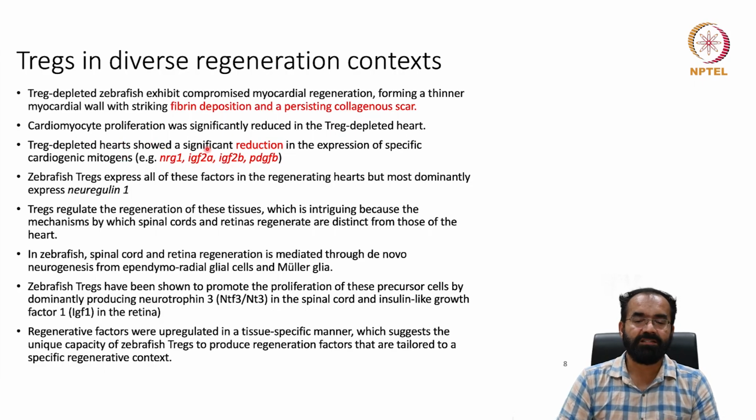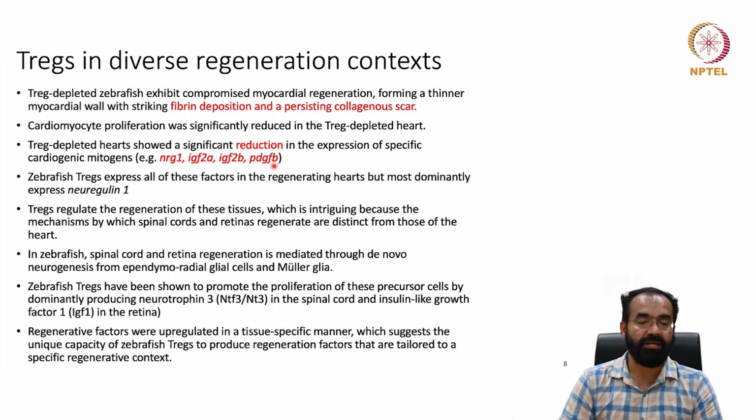Cardiomyocyte proliferation was significantly reduced in the Treg-depleted heart, because we have already seen Tregs are associated with proliferating cardiomyocytes. So if FOXP3 is not there, Tregs are not there, hence you don't have too much proliferation. Treg-depleted hearts showed a significant reduction in the expression of specific cardiogenic mitogens such as NRG1, IGF-2A, IGF-2B and PDGF-B.